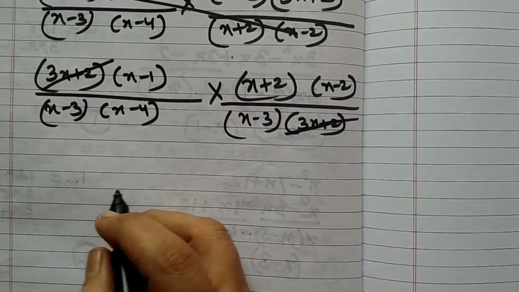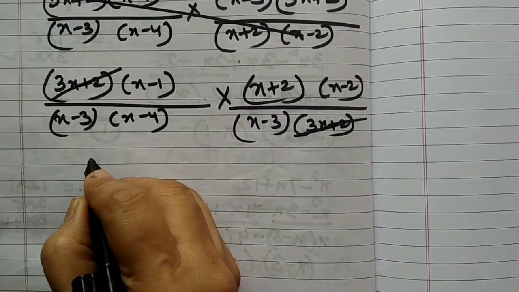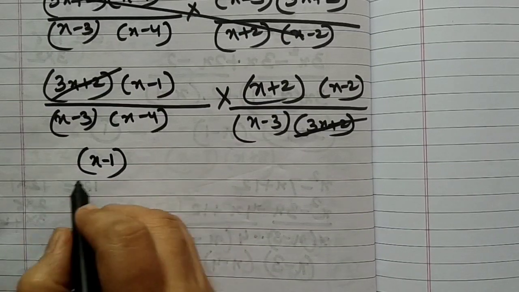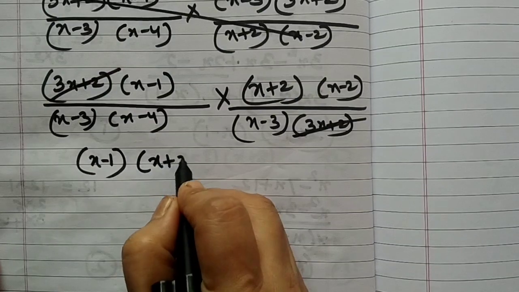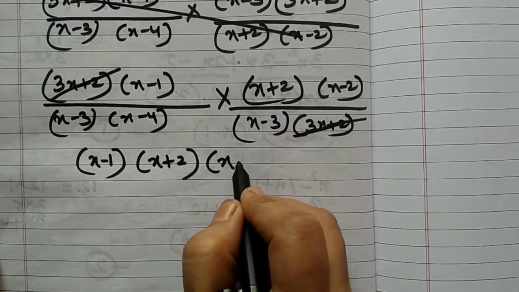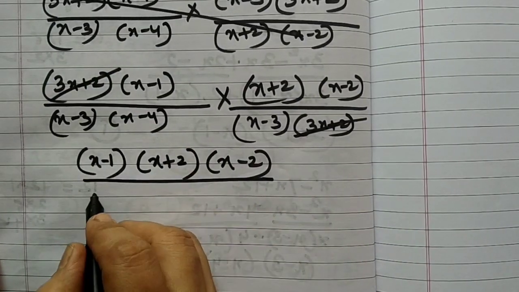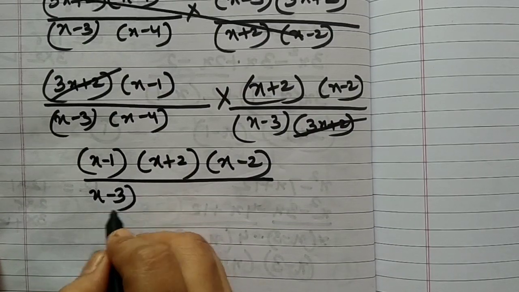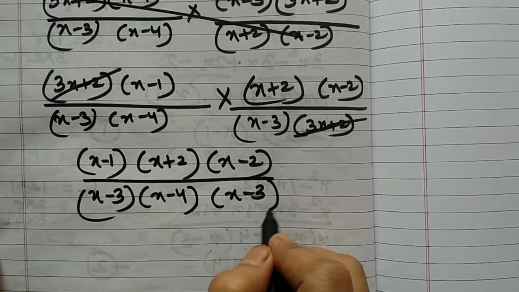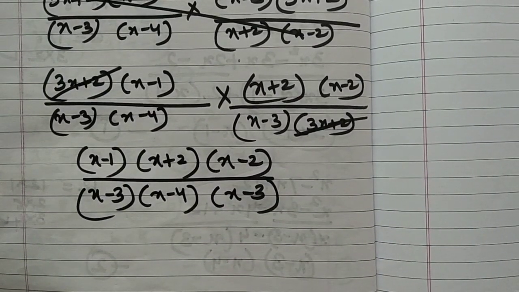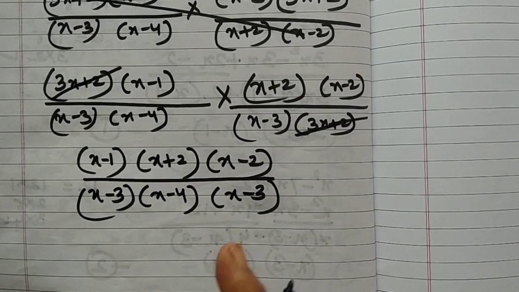So our answer will be x minus 1 into x plus 2 into x minus 2 upon x minus 3 into x minus 4 into x minus 3.